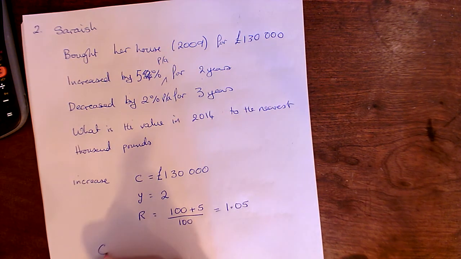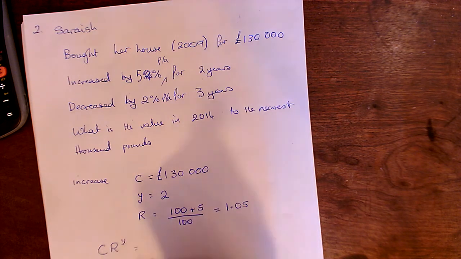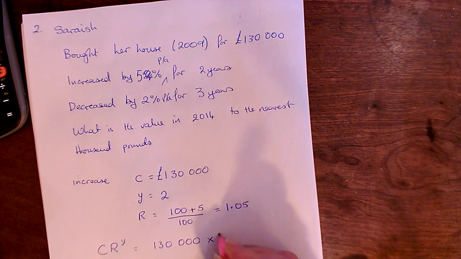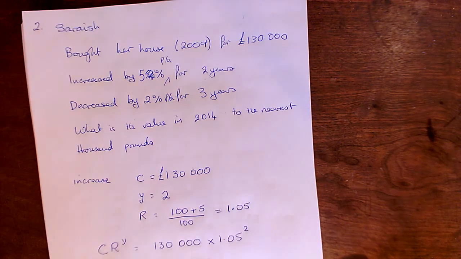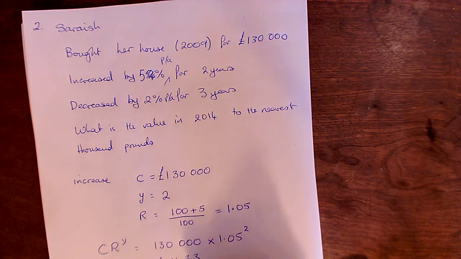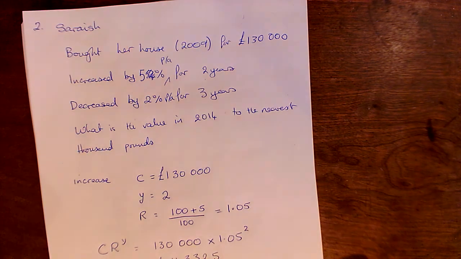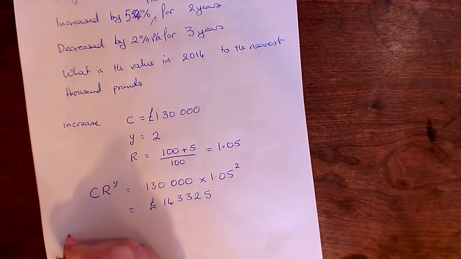So we can work that out easily. CRY equals 130,000 times 1.05 squared equals, and that comes out at 143,325. Okay, so that's nice, it's gone up in value. Sadly, it then decreases.